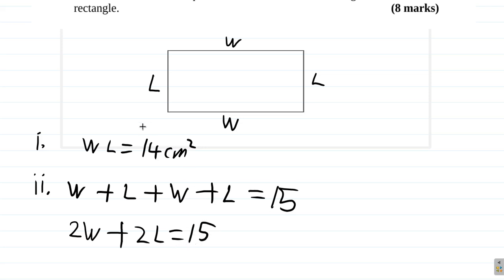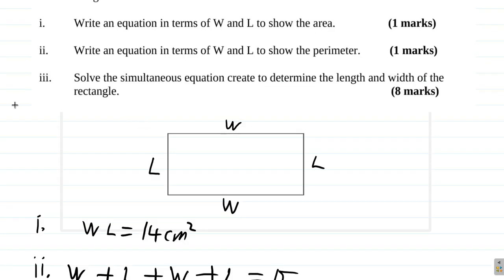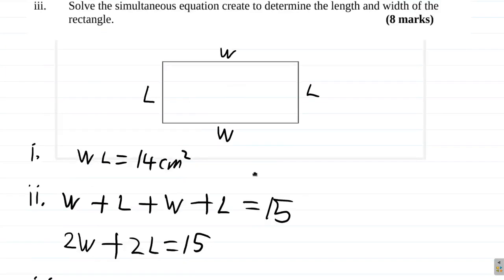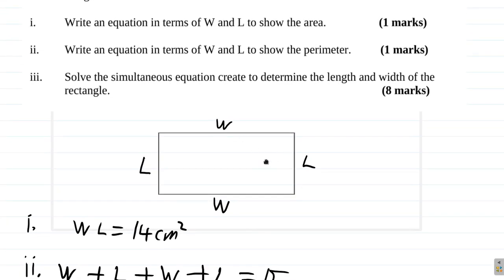Alright? Now what else do they say? Part 3. Let's write 3 down here, Roman numeral. So part 3.